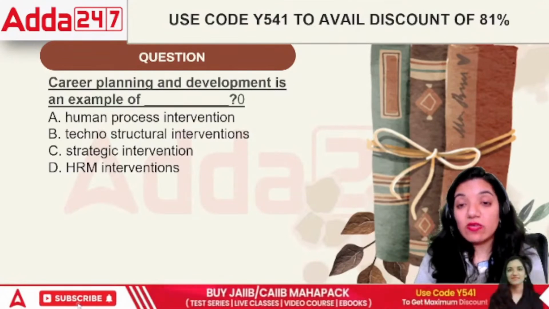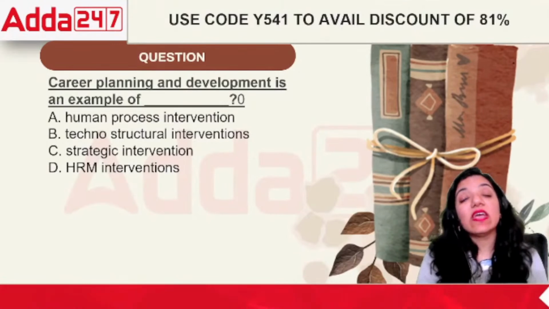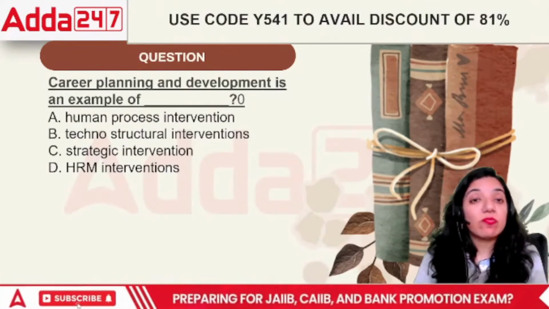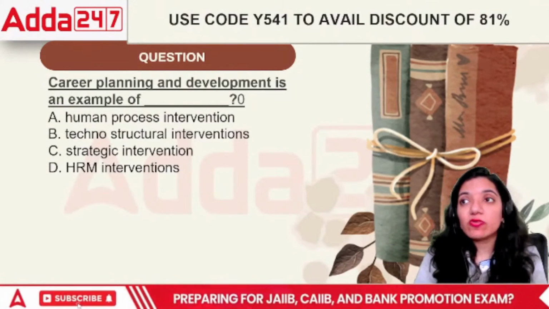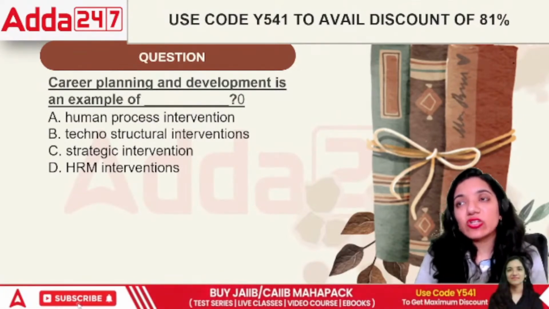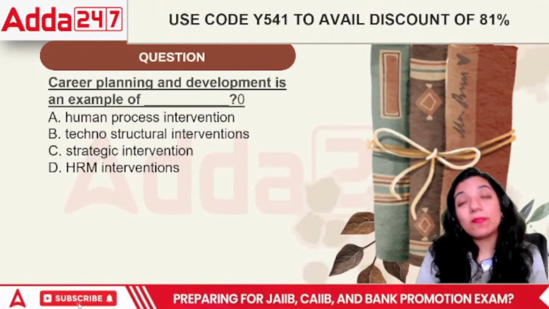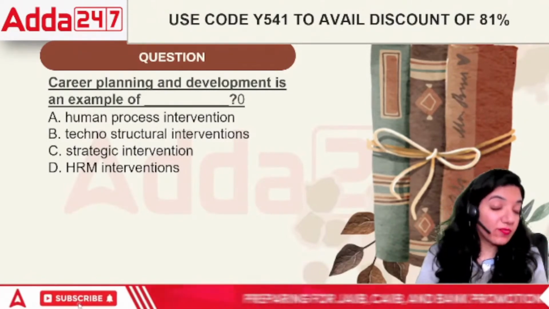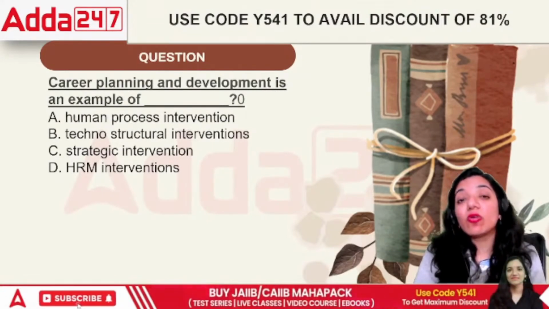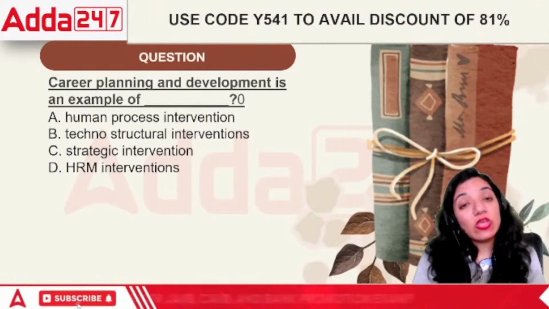The organization definitely wants to grow further, and they are thinking about adding it in such a way that they are able to generate more and more funds for themselves. They are able to look forward not only to their financial growth but also the growth in terms of their position in the organization. Plus, career planning is a long term process, and development is learning more and more skills so that you become better in your working. It's a part of human process.